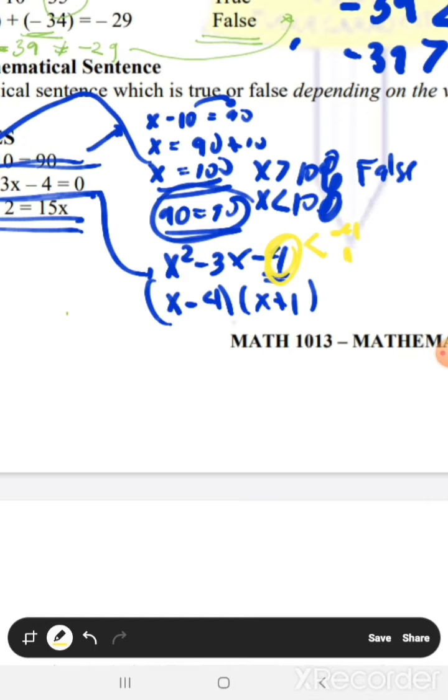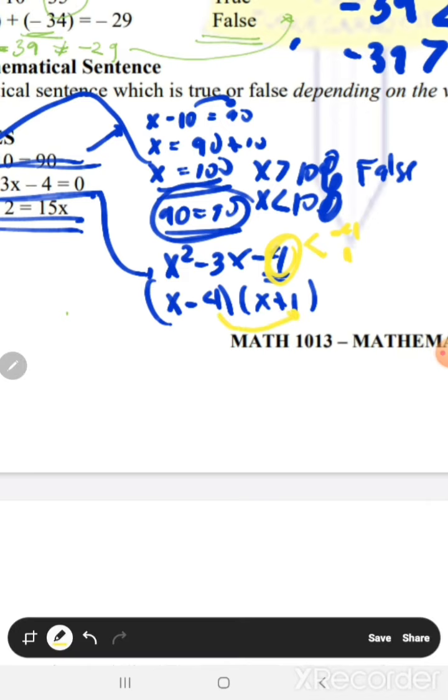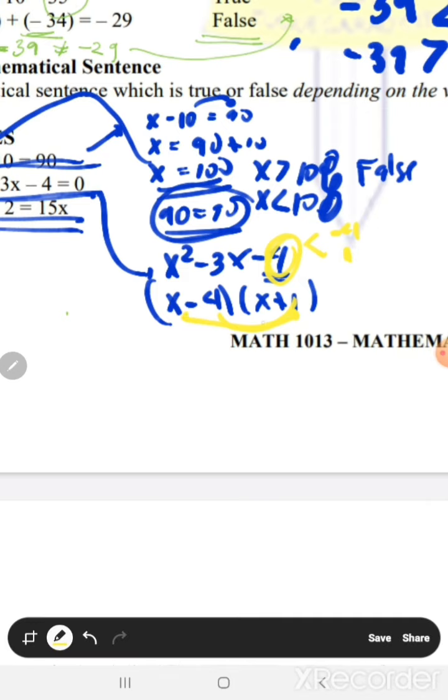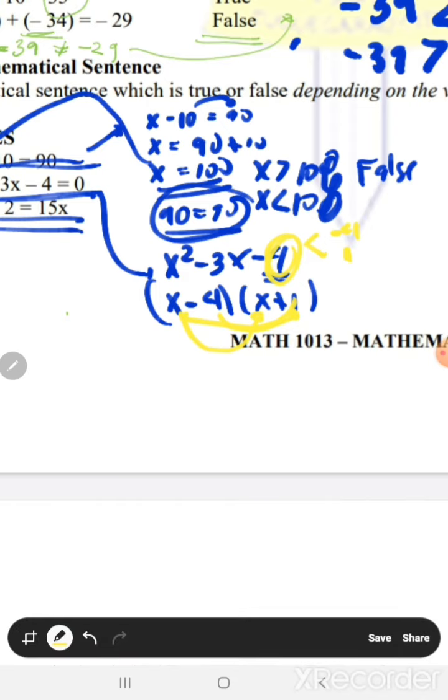When you multiply, negative 4 times x is equal to negative 4x. Next, x multiplied by 1 gives a value of positive x. Negative 4x plus positive x is equal to negative 3x. If you multiply x by x, you will have x squared. Therefore, our factors are correct.